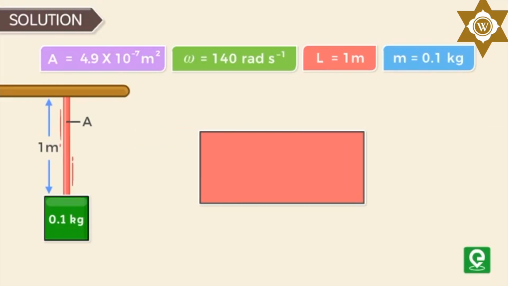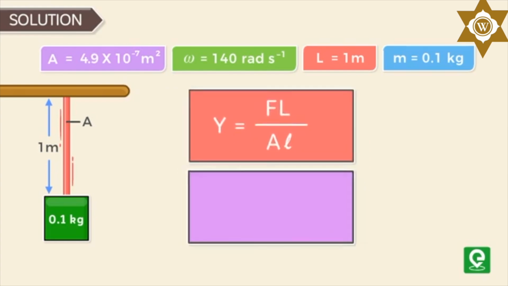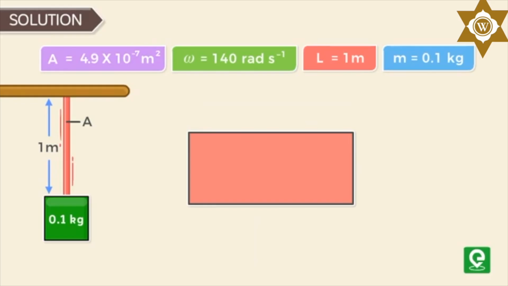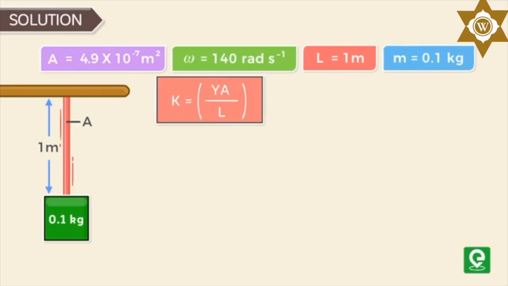As learnt earlier, Young's modulus is equal to force into length whole divided by area into change in length. This implies force is equal to Young's modulus into area upon length into change in length. Let's call this equation 2. Comparing equations 1 and 2, we get SHM constant K equal to Young's modulus into area divided by length.